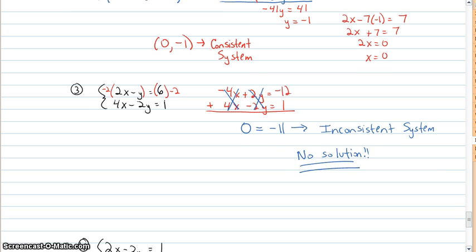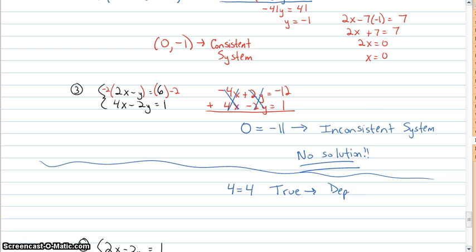Now, if you were to solve something, and you would get 4 equals 4, for example, or something else that's true, that means it's a dependent system. And remember, that means there is an infinite number of solutions.